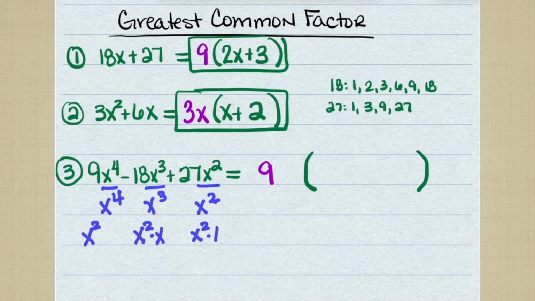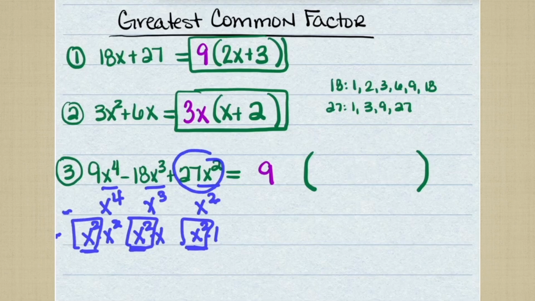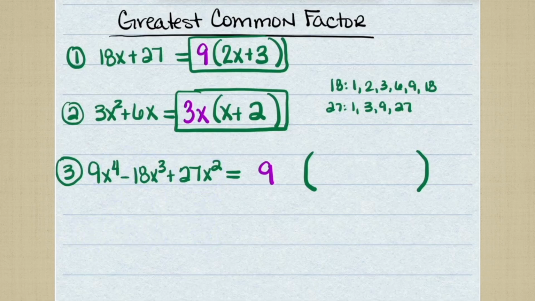Do you see that? So each of them has an x squared. So I can pull an x squared out of each of these terms. So let's pull out an x squared, and we'll come back and check ourselves.